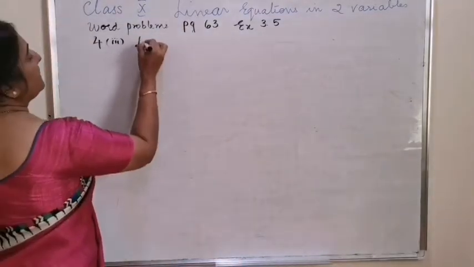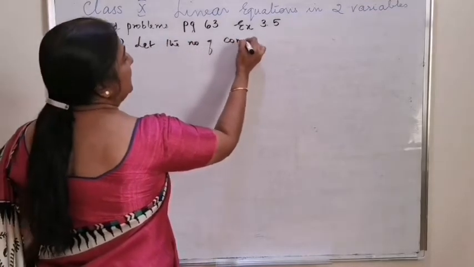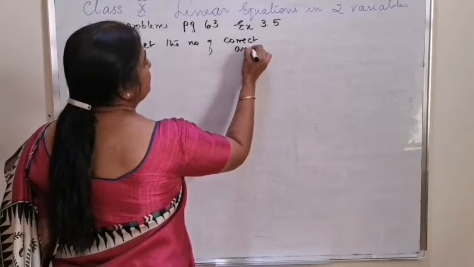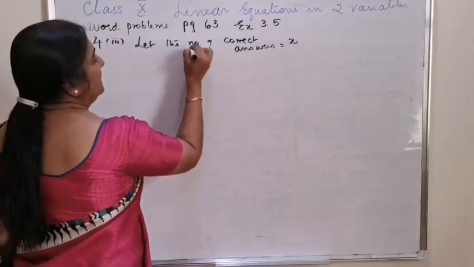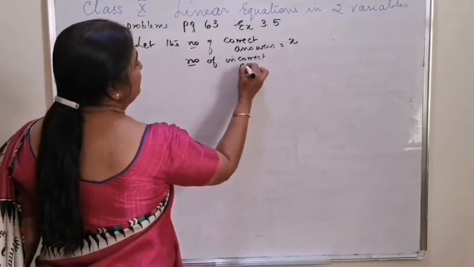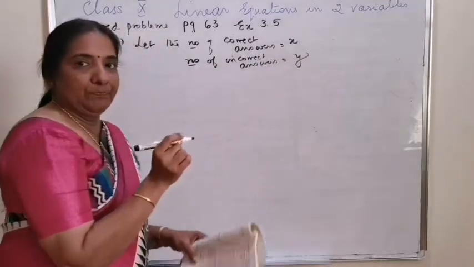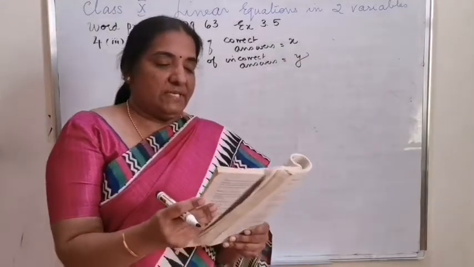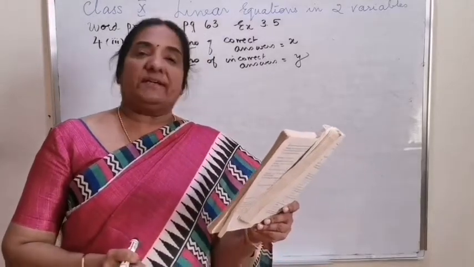Let the number of correct answers be x and the number of incorrect answers be y.